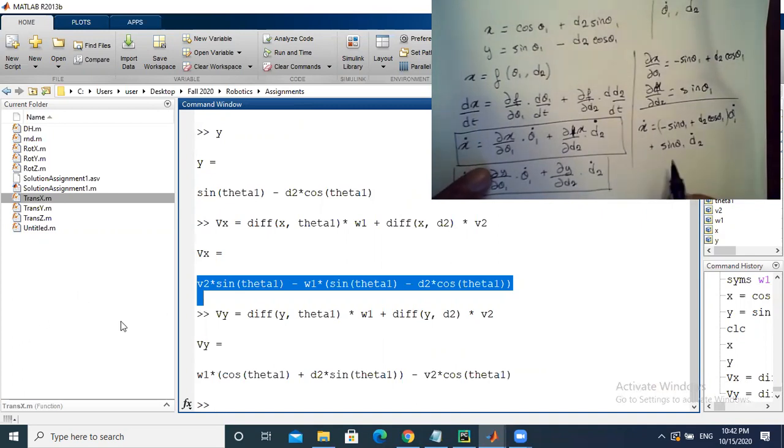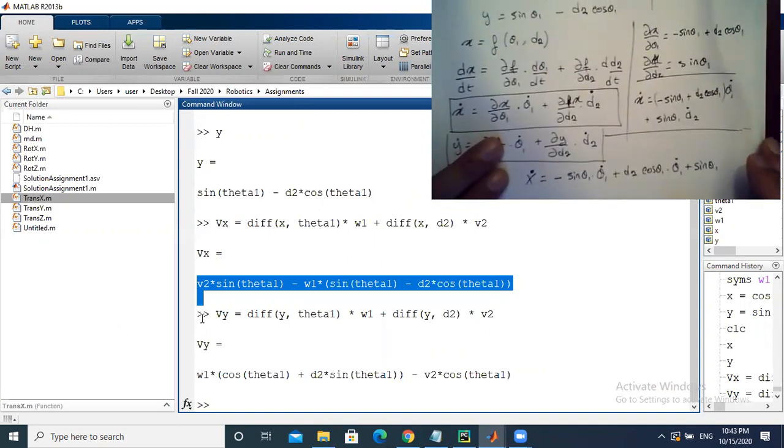All right, one more time, nice and clean. So x prime is equal to minus sine theta 1 multiplied by theta 1 prime, plus d2 cosine theta 1 multiplied by theta 1 prime, plus, I'm sorry, sine theta 1 multiplied by d2 prime, right?